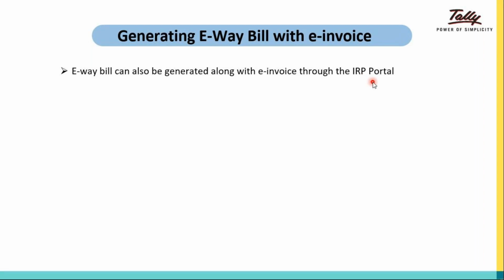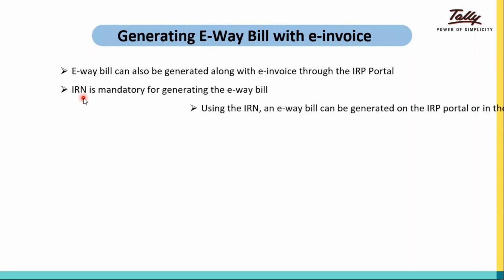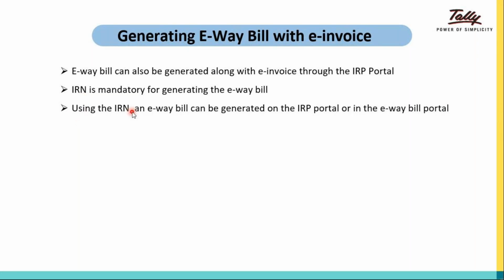This is also monitored under the NIC portal, National Informatics Centre. So IRN is mandatory for generating the e-way bill. If you want to generate your e-way bill along with your e-invoice, you must have your invoice reference number. It is very mandatory, using the IRN, meaning your invoice reference number.